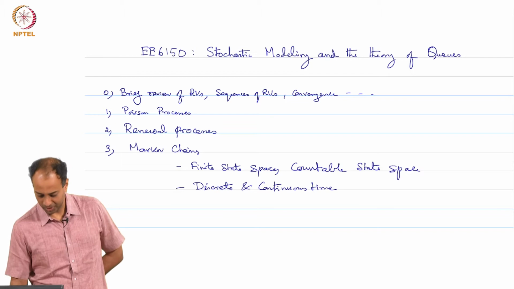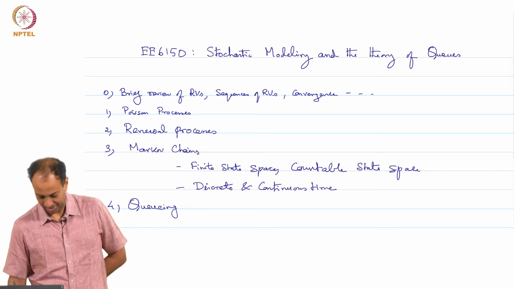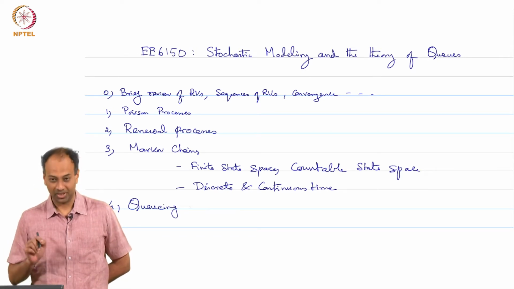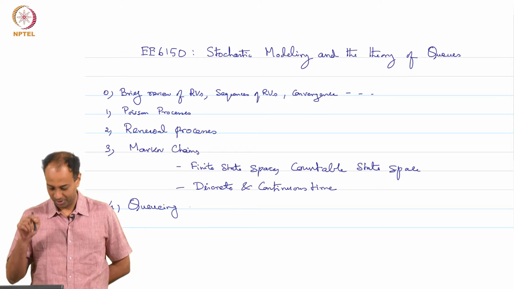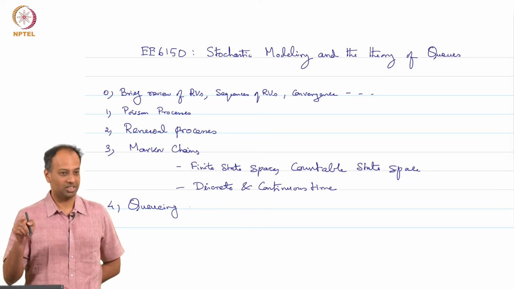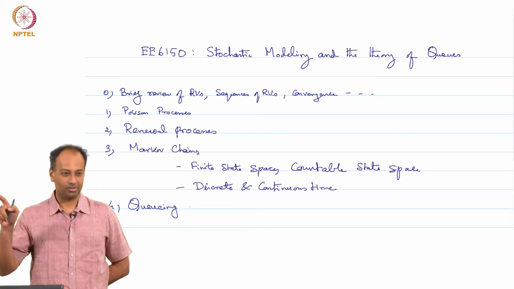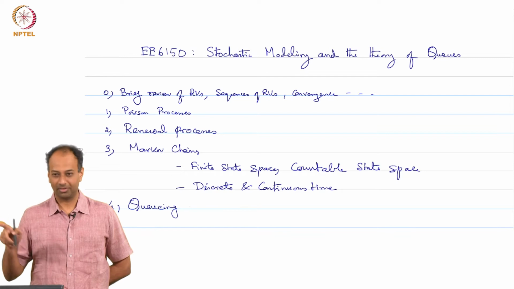And we will do queuing applications throughout. Q U E U E I N G, some people spell it like Q U E U I N G. One is British, one is American, I cannot remember which is which. Q U E U E I N G has 5 vowels consecutively. I do not know any other word in English like that.